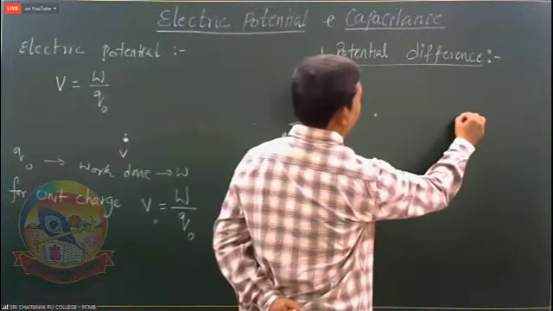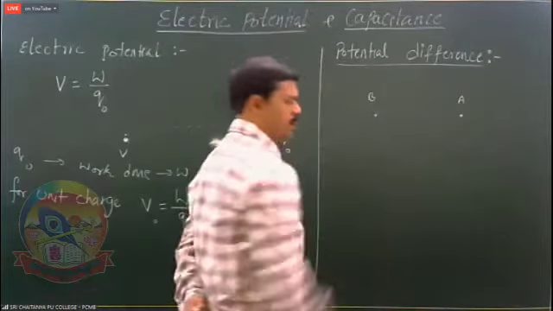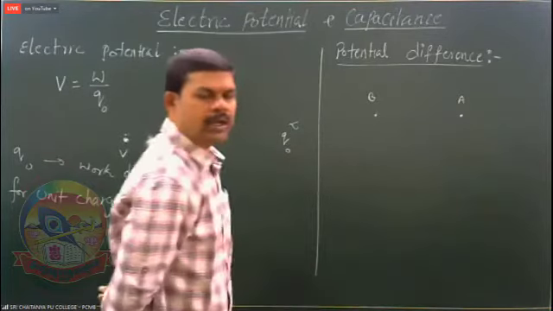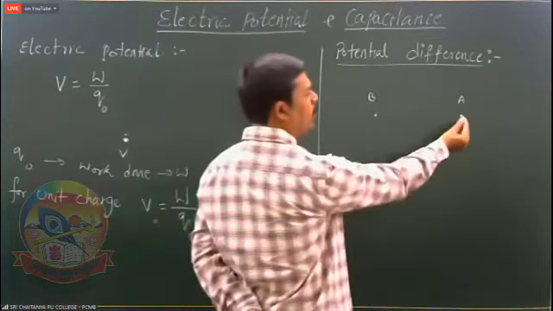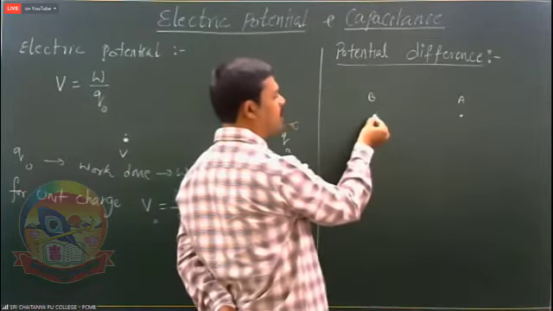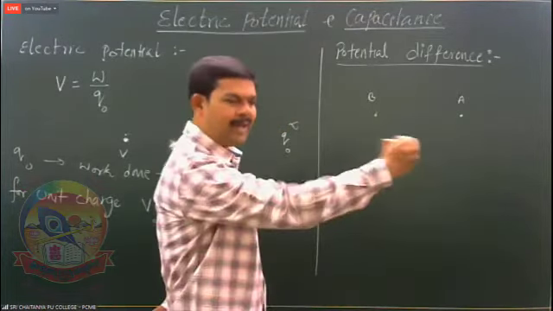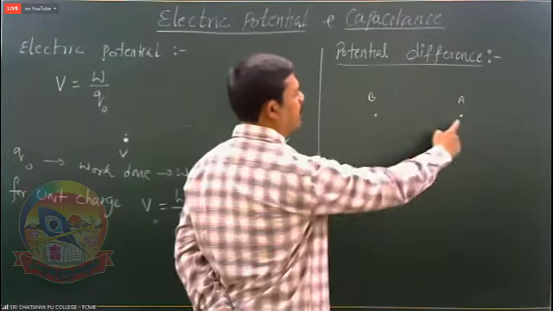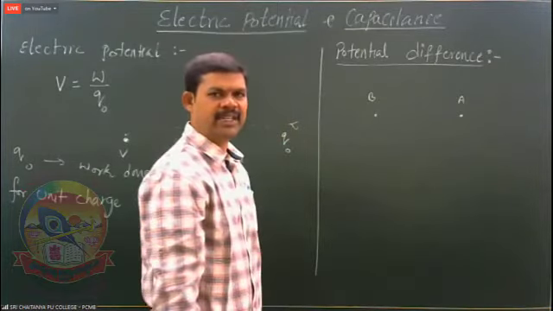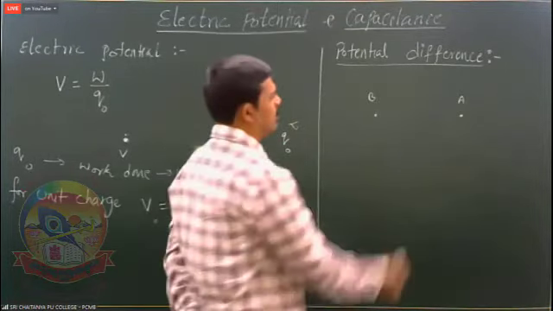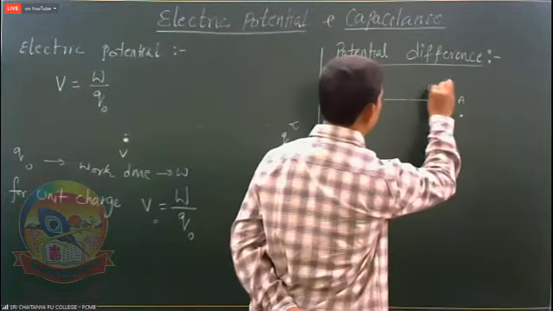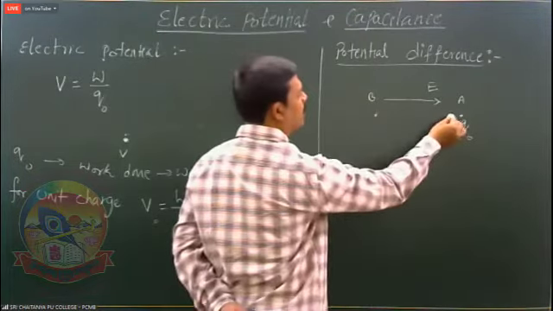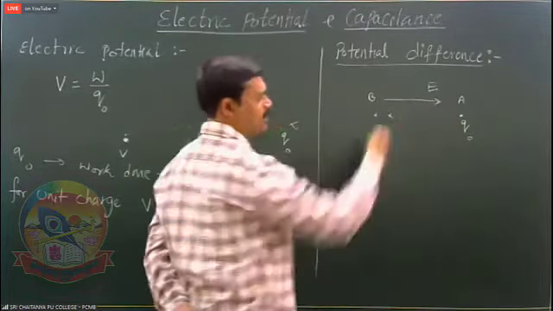If there are 2 points in the field, point A and point B, to bring a unit positive charge from one point to another point against the field is known as potential difference between these 2 points. This is also something we discussed in detail in the last class. See, if the field is acting in this direction, we are bringing a charge Q naught from A to B in this direction, against the field.